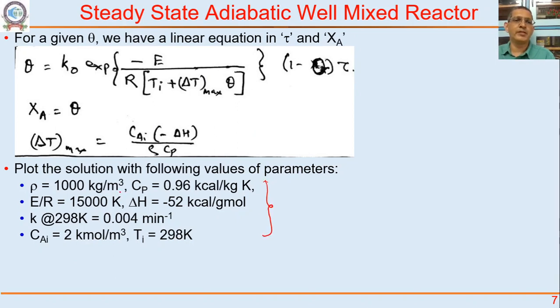So rho is 1000 kg per meter cube, Cp 0.96, typically like water. E by R 15,000 kilocalories per gram mole. Delta H is minus 52 kilocalories per gram mole. K at 298 Kelvin is 0.004 minute inverse. Right? So use this and E by R to calculate our value of K0.